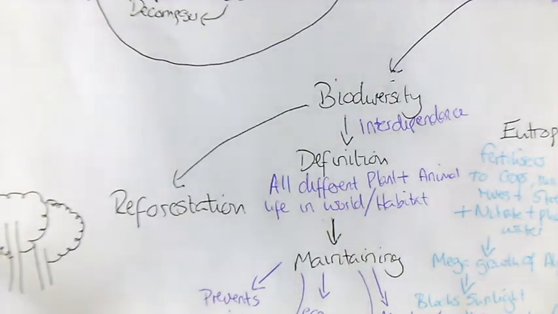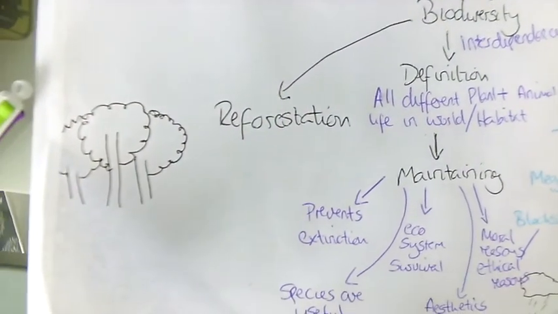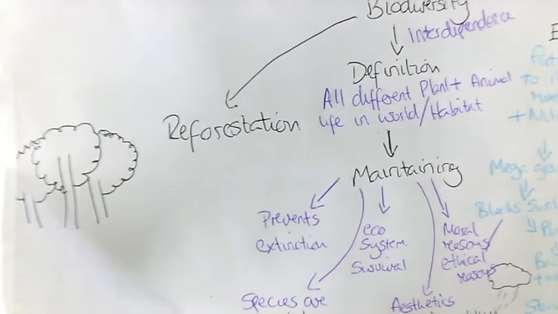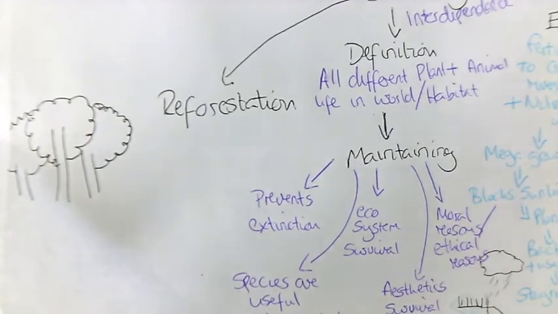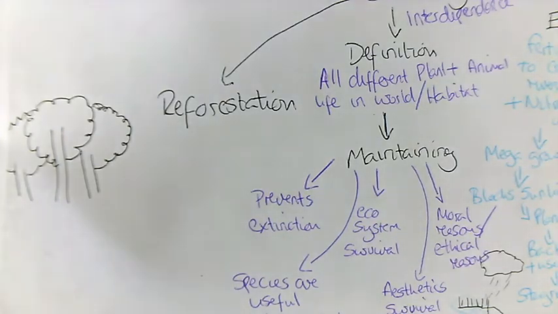So one way that we can increase biodiversity is reforestation. So reforestation is going to be where you replant forests that have been destroyed. That then restores habitats, it will conserve species, it will reduce the CO2 and increase the oxygen in the air.